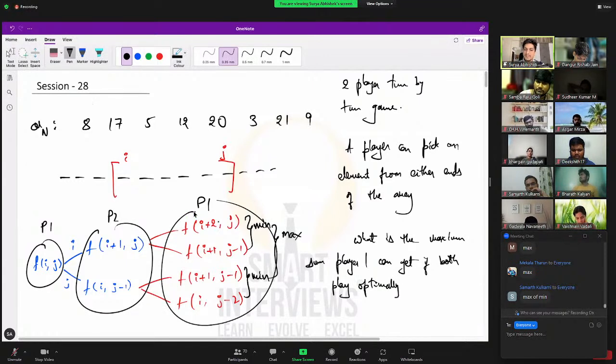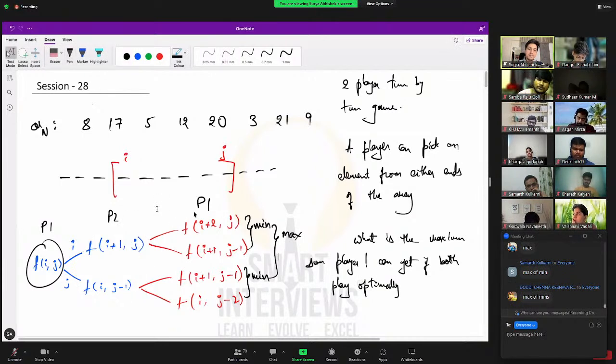This is the current player's subproblem. But because it is in the opponent's hands, depending on him which state we are getting, we know that he will try to minimize it. So out of this minimum and this minimum, we need to choose the one that is best for us. Make a note of it till here, then we'll discuss more. Exactly, max of the two mins.